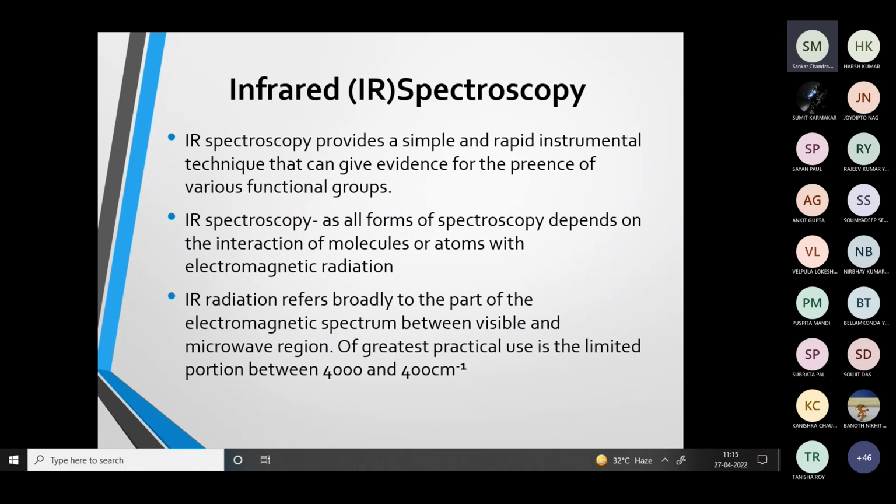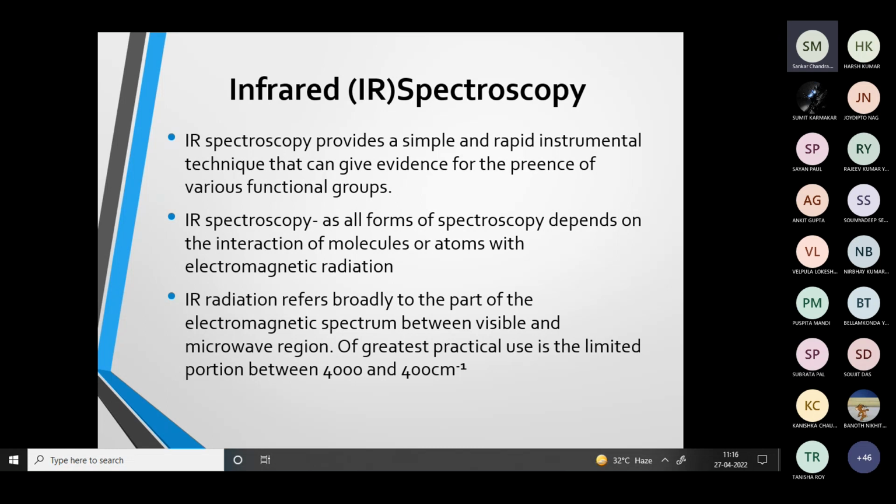So IR spectroscopy provides a simple and rapid instrumental technique that can give evidence of the presence of different functional groups, different types of bonds within the compound. Secondly, it is spectroscopy dependent on the interaction of molecules or atoms with electromagnetic radiation, within the range of 1.5 to 15 kilocalorie per mole.